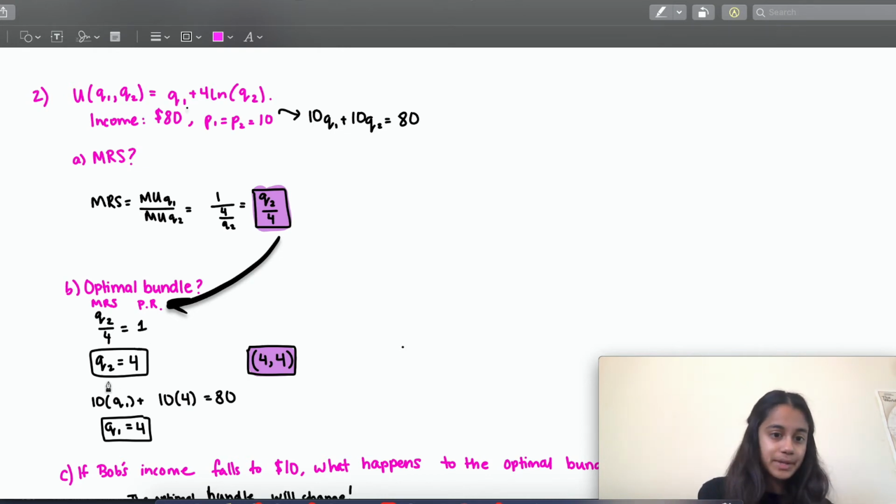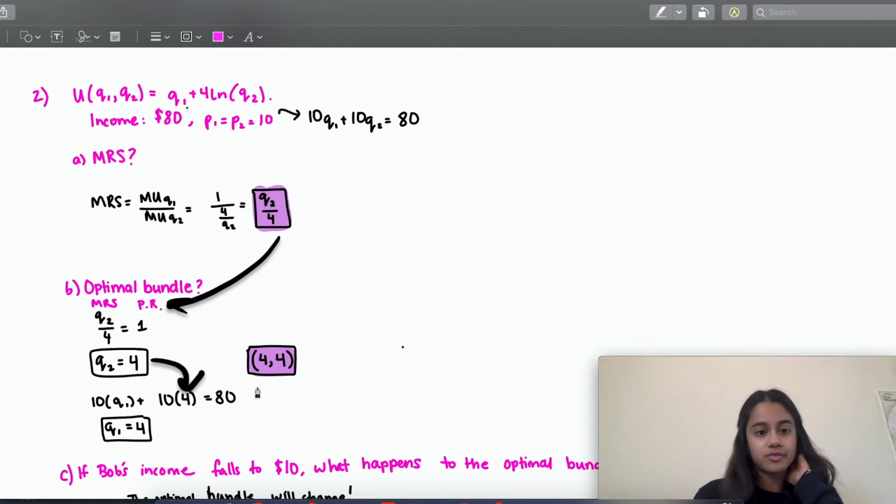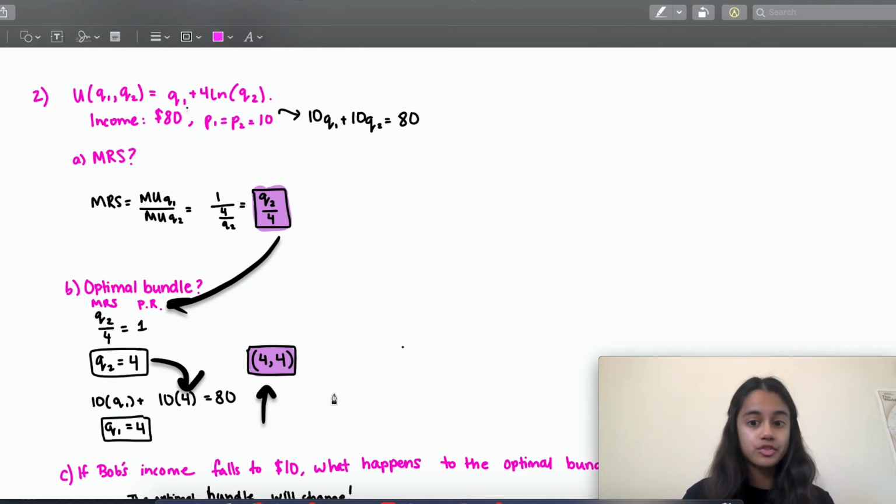Do that cross multiplication and you get Q2 is equal to 4, right? When I get that 4, I plug this back into my budget constraint, right? And I get 10Q1 plus 40 is equal to 80. That's equal to 40, and then Q1 is equal to 4. Our optimal bundle here is 4, 4, right? We would consume 4 of Q1 and 4 of Q2.